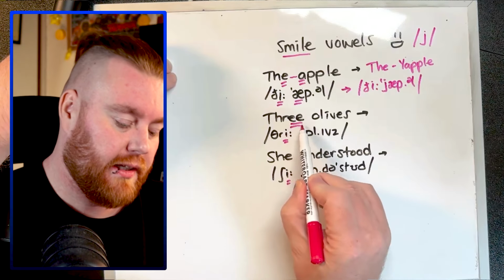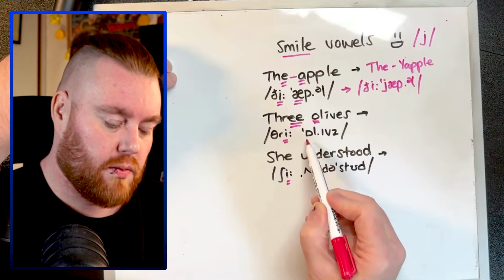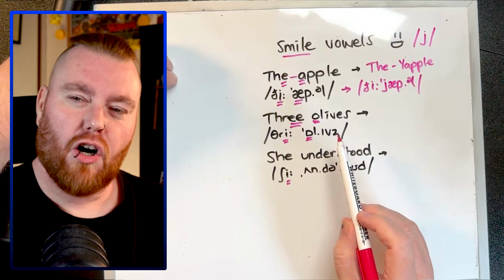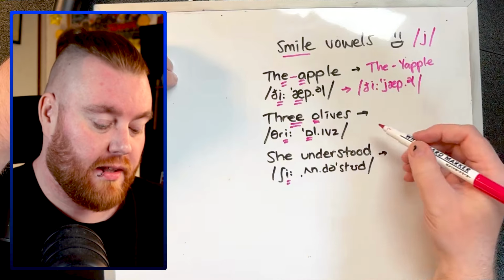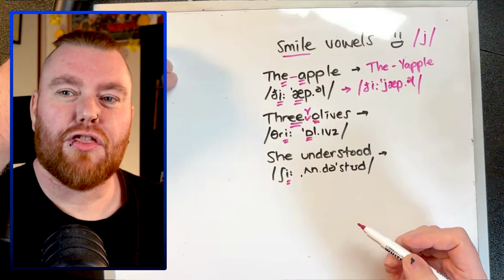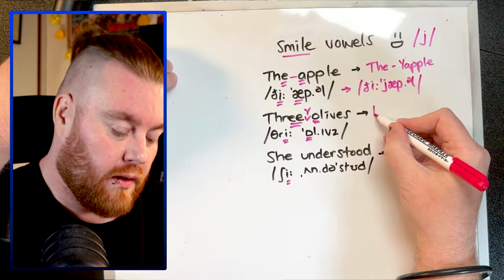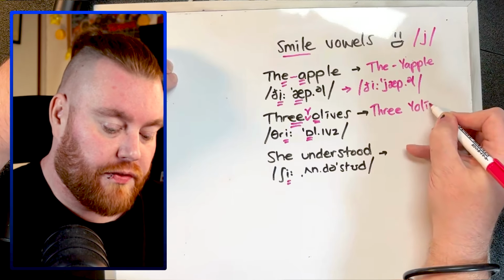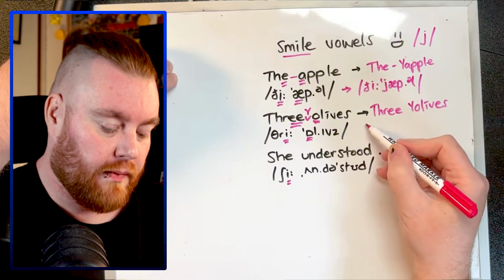We've got this E sound. Next word starts with a vowel, an O. So we've got three olives, but we actually add this Y sound in here. We get three olives. We wrote it down.